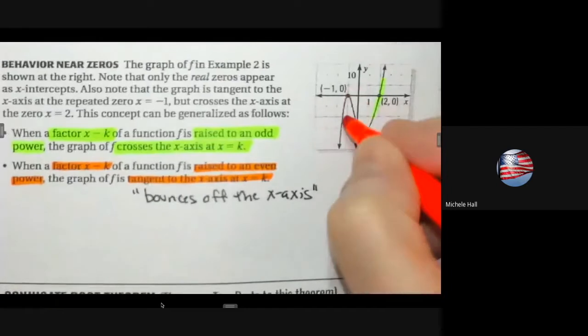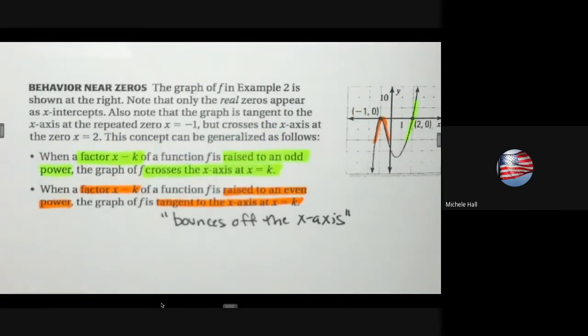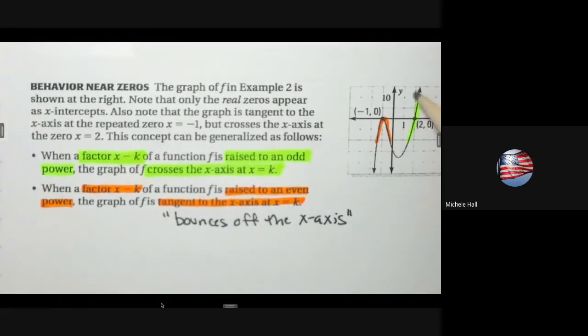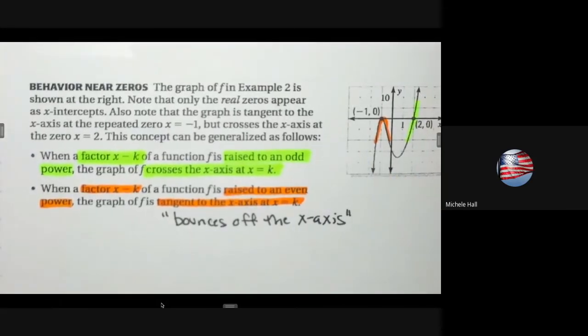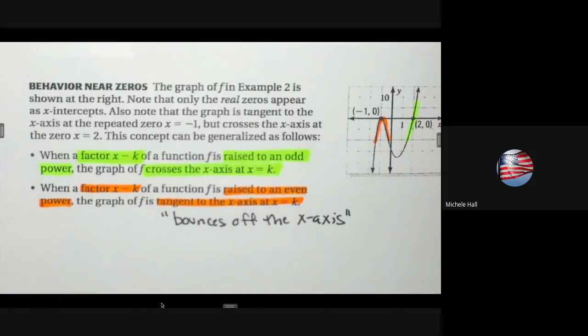The even degree is going to bounce off the x-axis. When we're analyzing polynomials, we've been talking about the end behavior. The end behavior is where the tails are. Where are they going? Now we're looking at the behavior as it's approaching the x-axis. Is it an even power and bounces off, or is it an odd power and going through the x-axis?